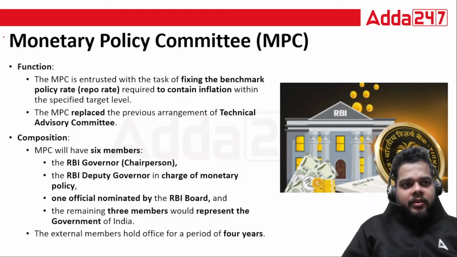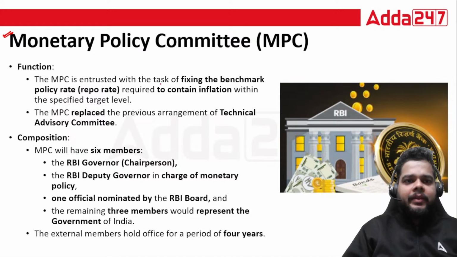So what is the function of this Monetary Policy Committee? Simple: to form the monetary policy, but some technical terms are also there, like it is entrusted with the task of fixing the benchmark policy rate known as the repo rate required to contain the inflation within a specified target level. What is the target level? Between 2 to 6%.